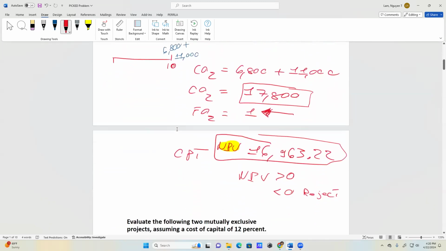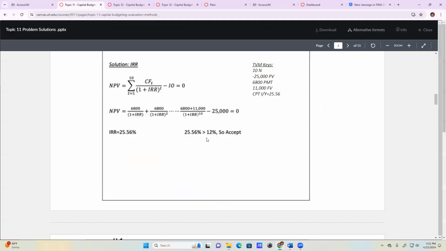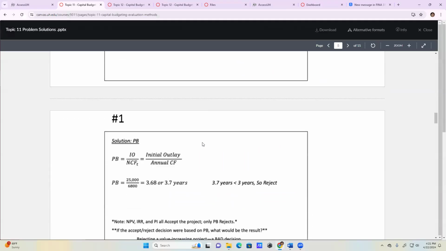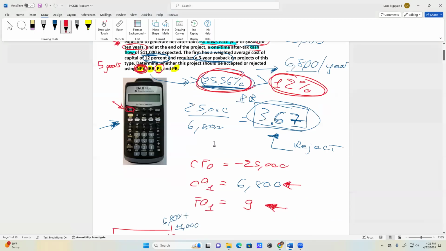From before, what did I get? Okay, the answer for profitability index is 1.68, so it's greater than 1, so you're going to accept it.